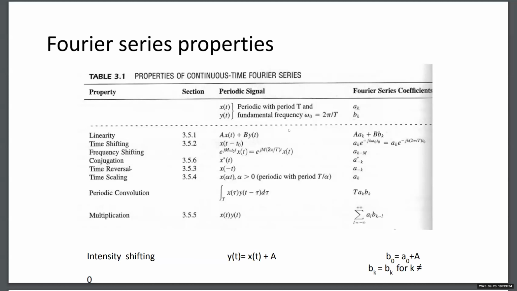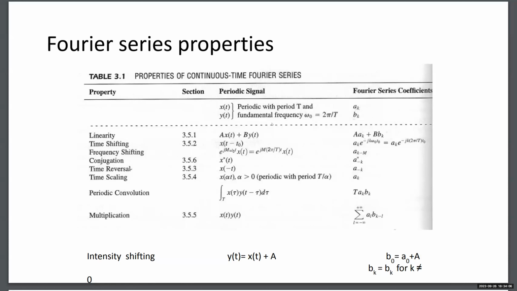All right. So Alpha guided y'all through how to find the Fourier coefficients. Now we're going to examine some Fourier series properties. This is a Fourier series properties table, and we're going to look at what happens if you take your periodic signal, x of t, and then you modify that signal. Can you get your Fourier coefficients without having to go through that whole process again?